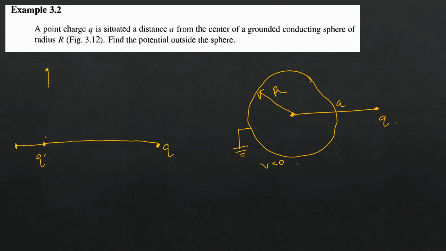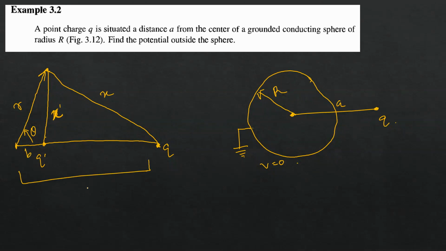This is the point where we have to calculate the potential outside the sphere. Suppose this is x dash, this is x, q dash. This is your theta. This is b. This is a.